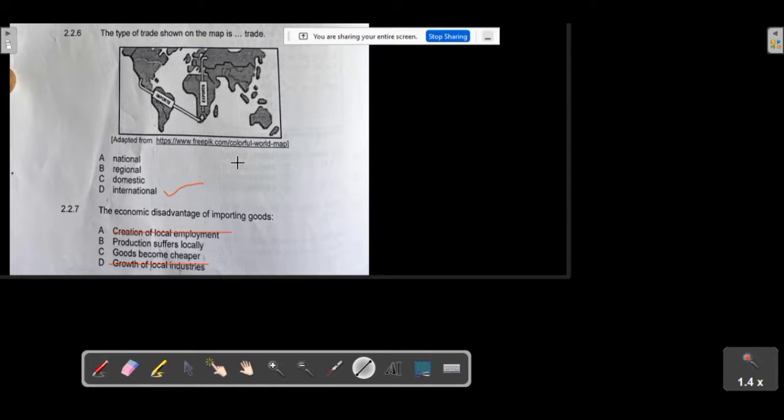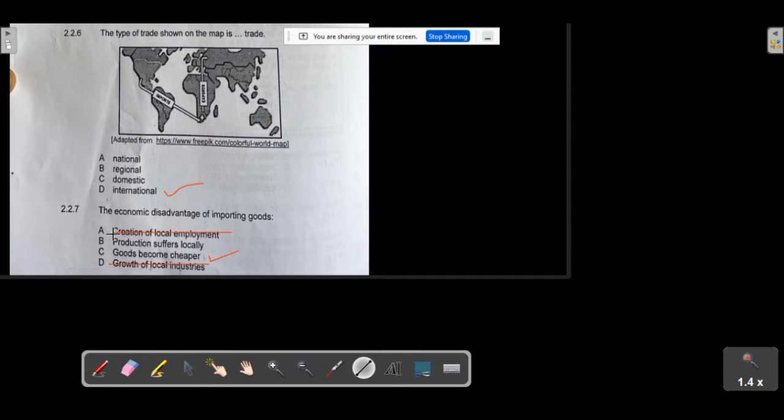Remember, the goal of every business is to make profit. So the production suffers locally. How so? So I am more inclined to C here, guys.